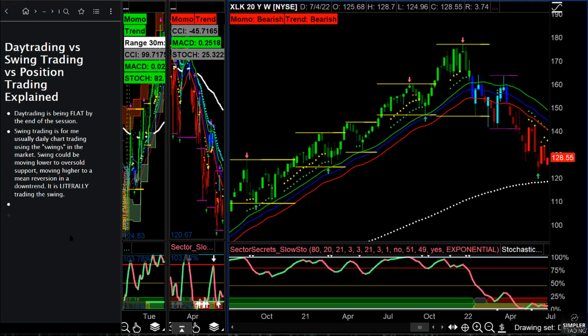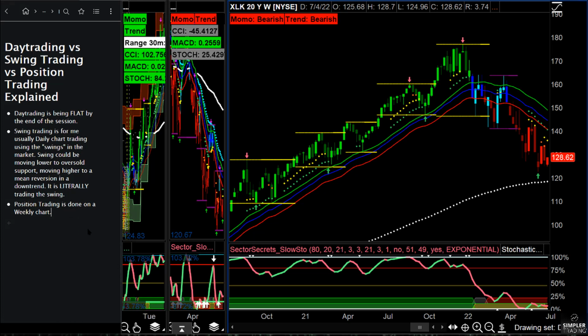I like to put the word trading when it comes to positions, because I do believe that position trading is, in my approach, done on a weekly chart. By the way, day trading doesn't have to be on any particular time frame. Notice I did not put a time frame there, even though I put a time frame on the swing. Position trading is, for me, done on a weekly chart.